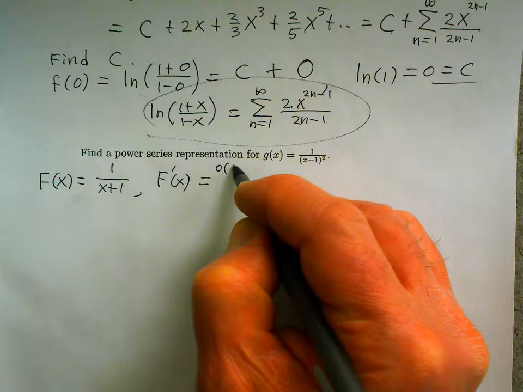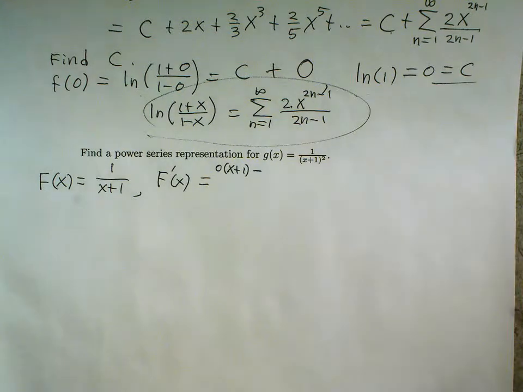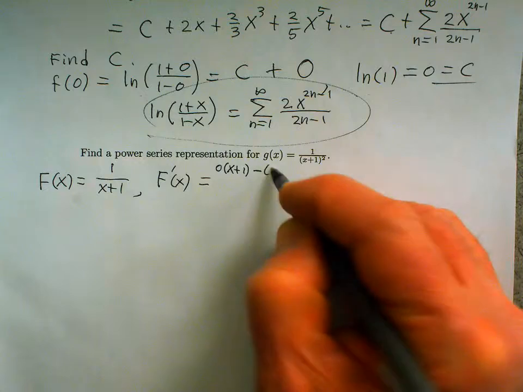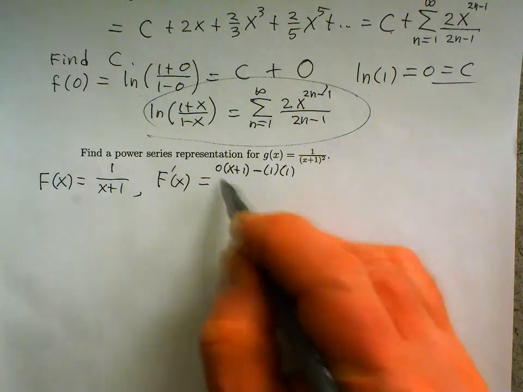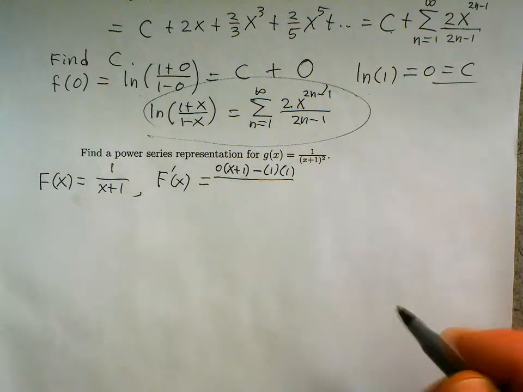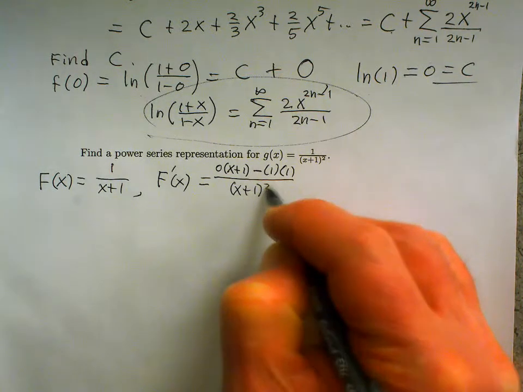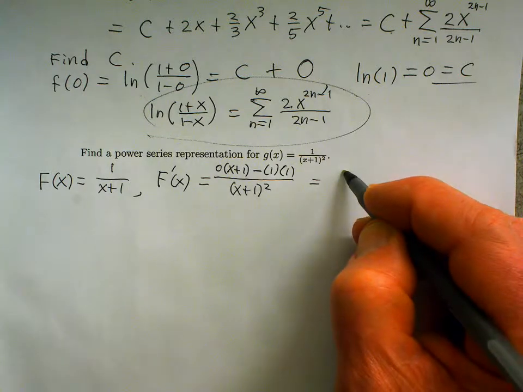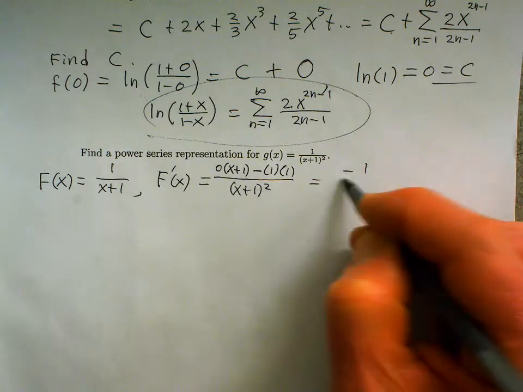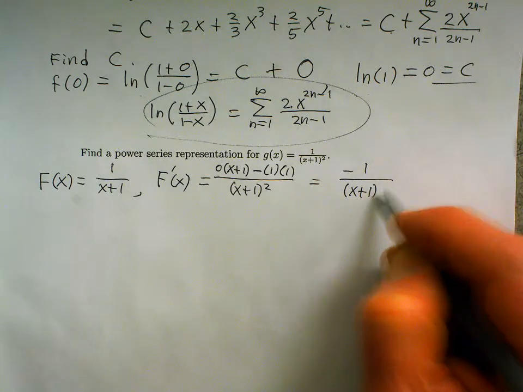So 0 times x plus 1, and then minus 1 times the derivative of the denominator, which is 1, and divided by x plus 1 squared. And this simplifies to negative 1 over x plus 1 squared.